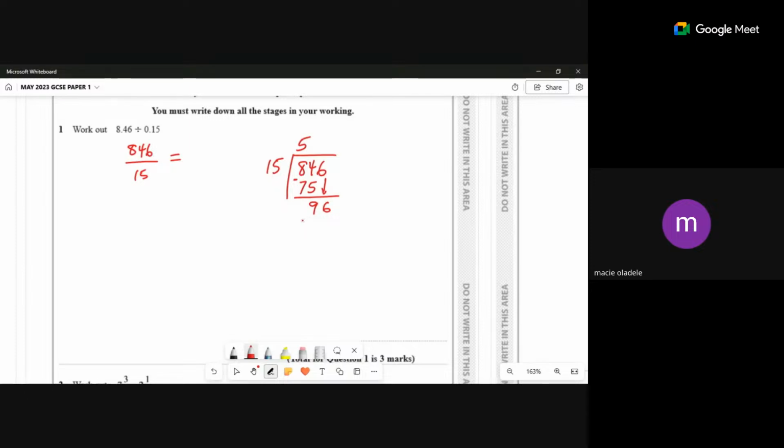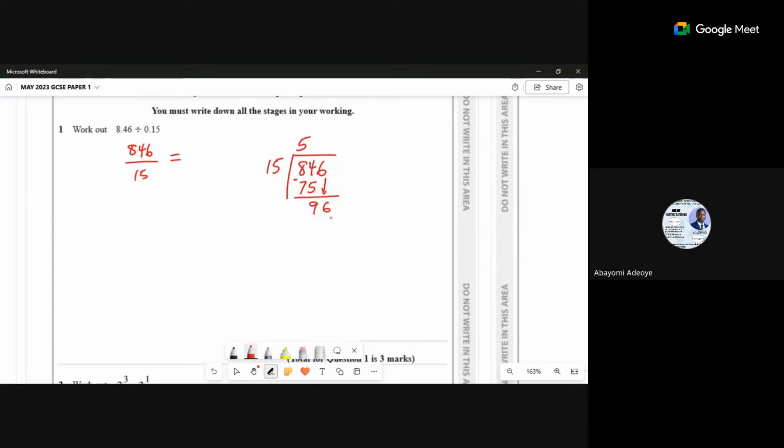Just the whole number. 15, 30, 45, 60, 75, 90. So it'll be 9 and then 6 left over.